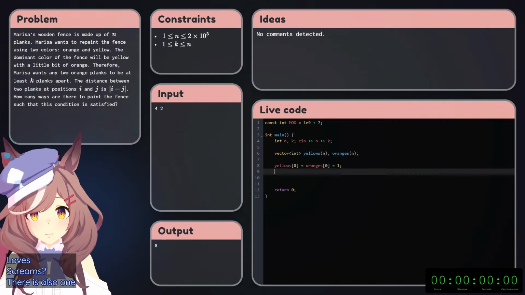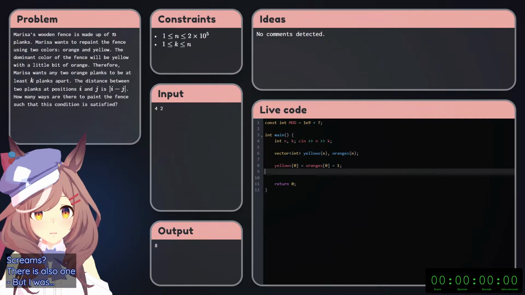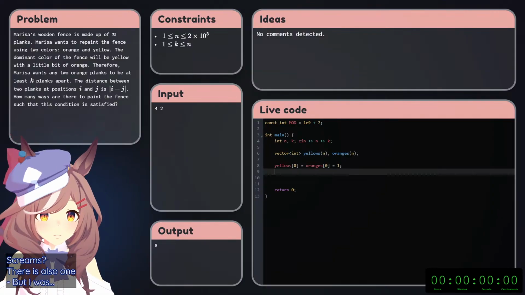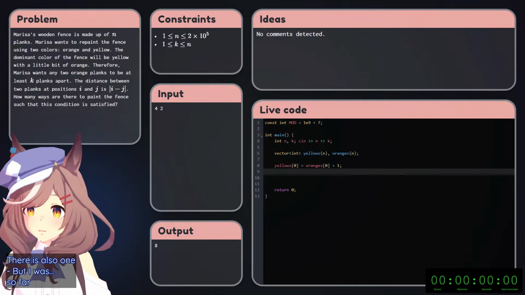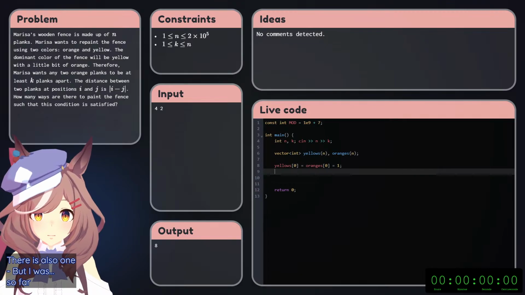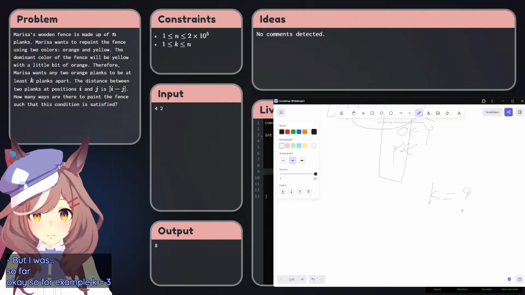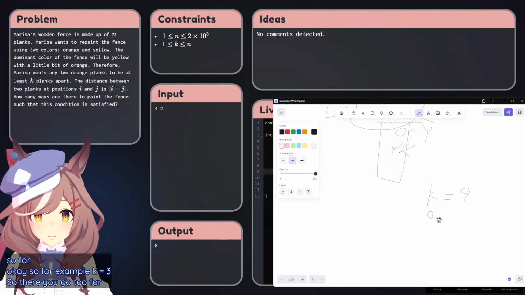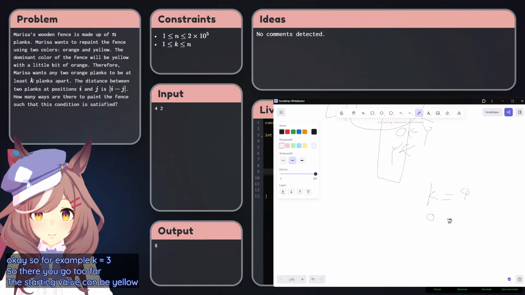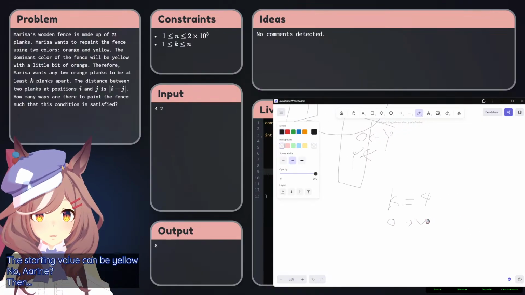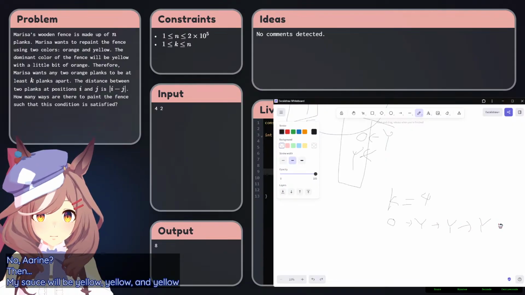But also, for example k equal to 3, let's say k equal to 4, then the starting value can be yellow, not orange, then must also be yellow, yellow, and yellow, and yellow.